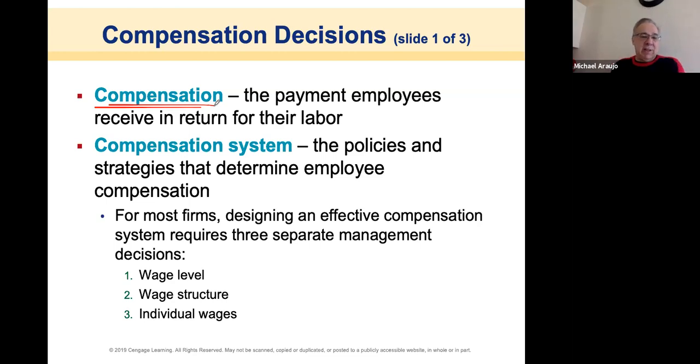So compensation is a broad issue. There are whole courses on it in upper level college and graduate school. It's a big, big issue, but basically it's all about what the employee receives in return for their labor.